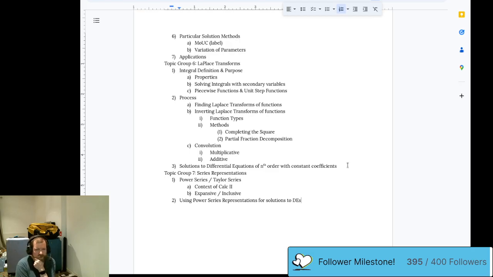So we're going to use power series representations for solutions to differential equations by then, right, find the derivative or derivatives of the series as a whole.